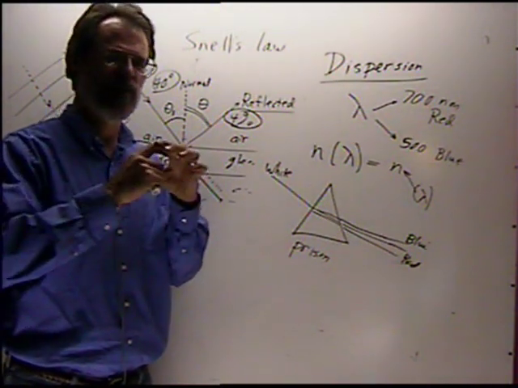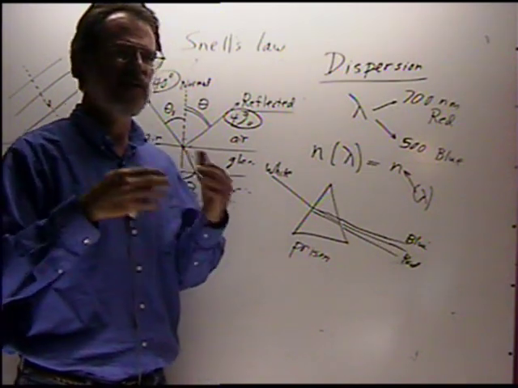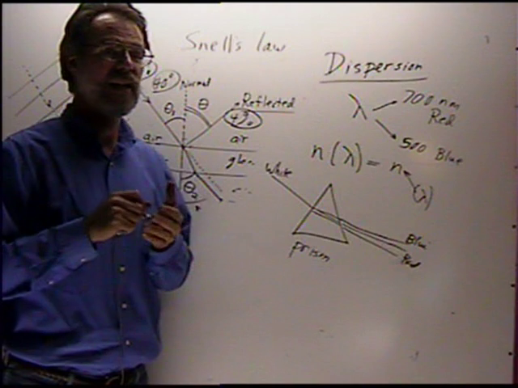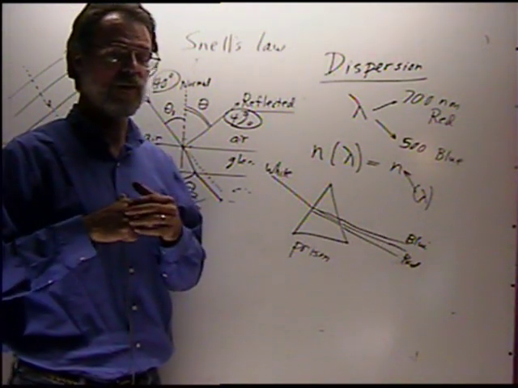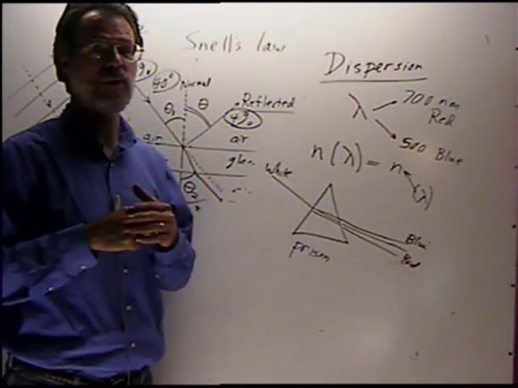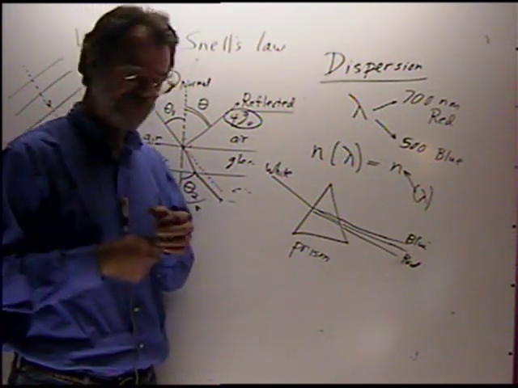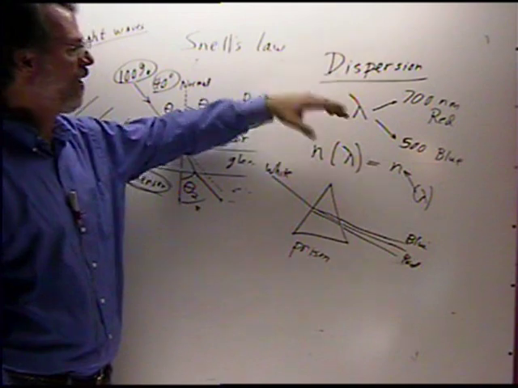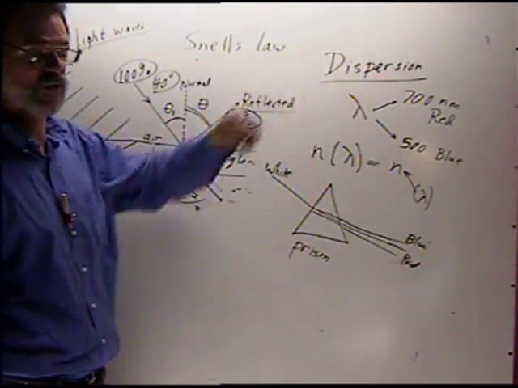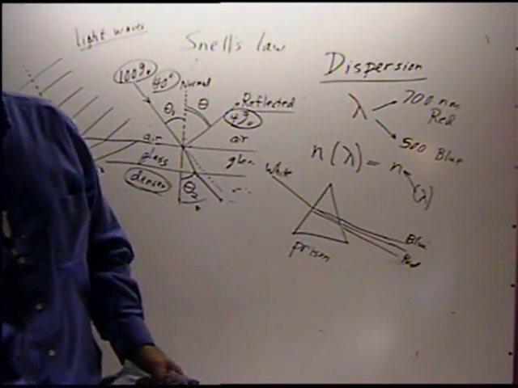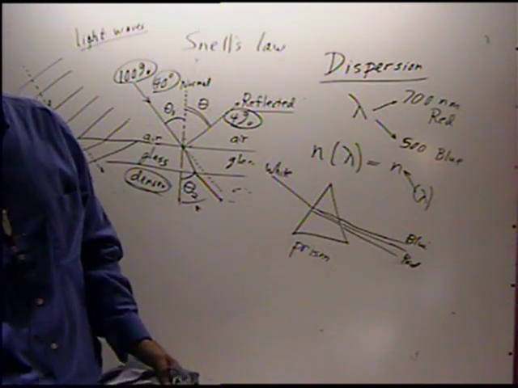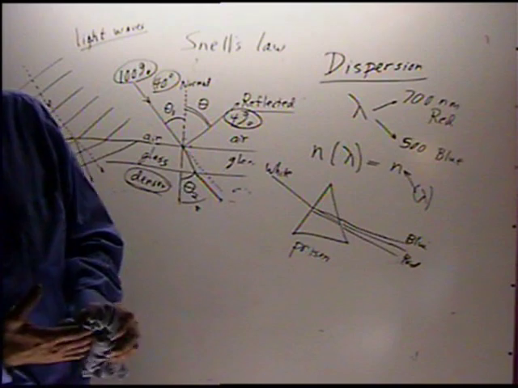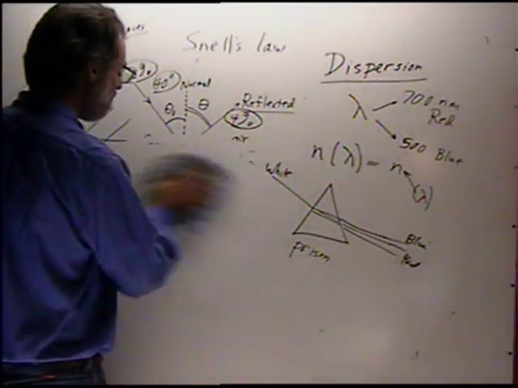The focal point shifts a little bit depending on the color, so it can bring about some problems with lenses and cameras. But it's all covered under the physics of dispersion, and we can't talk any more about it than that. So let us go on to page 405.